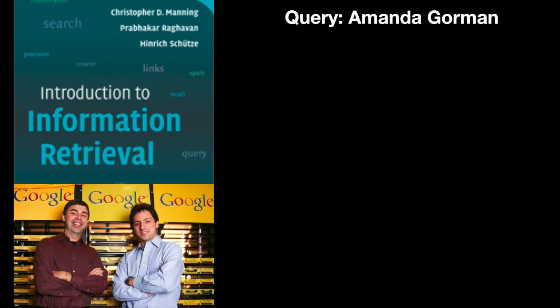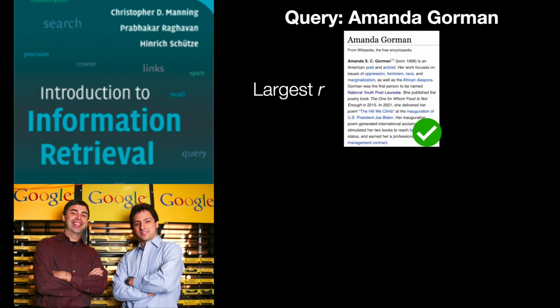But what we can do is integrate this PageRank idea, and then rather than showing here are all the pages that contain these keywords and how many times they contain these keywords, we can now re-rank these pages based on their PageRank. So pages that have large values of R, or large PageRank values, are shown to users first.